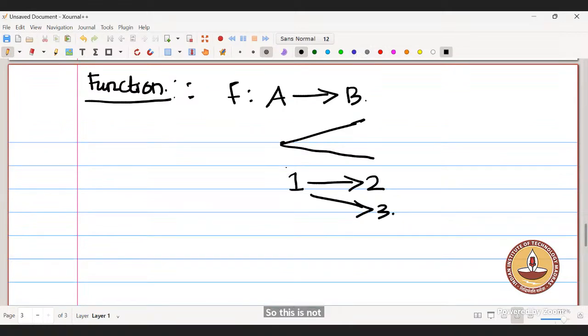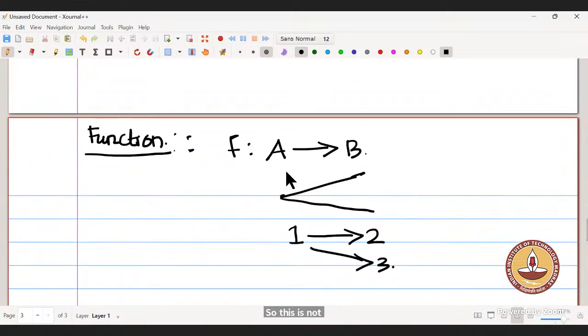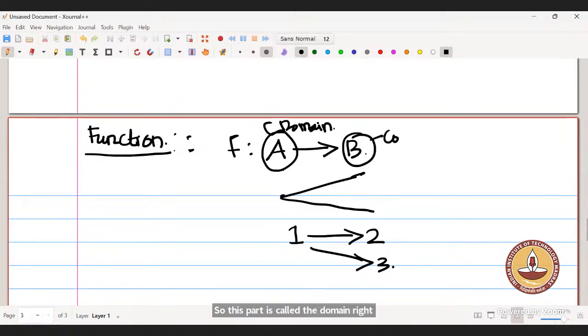And once we have a function, this part is called the domain, right? And this is the codomain.